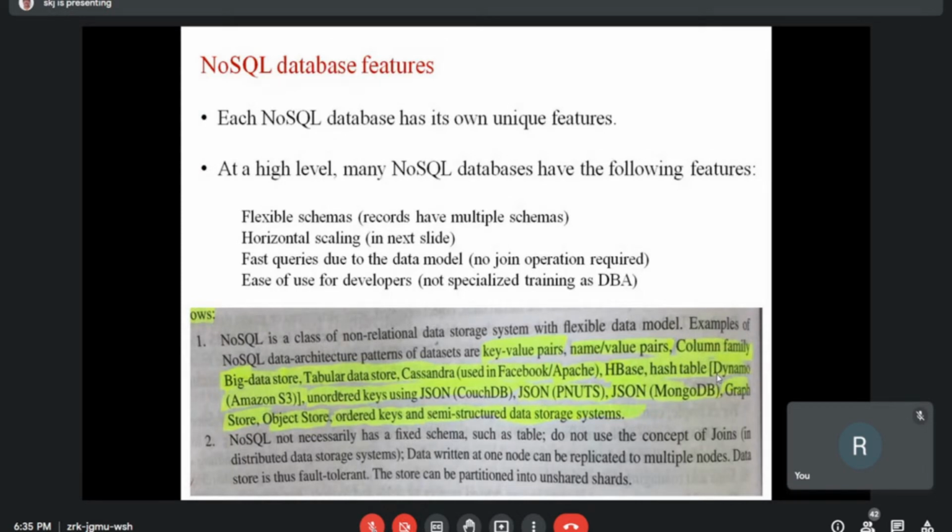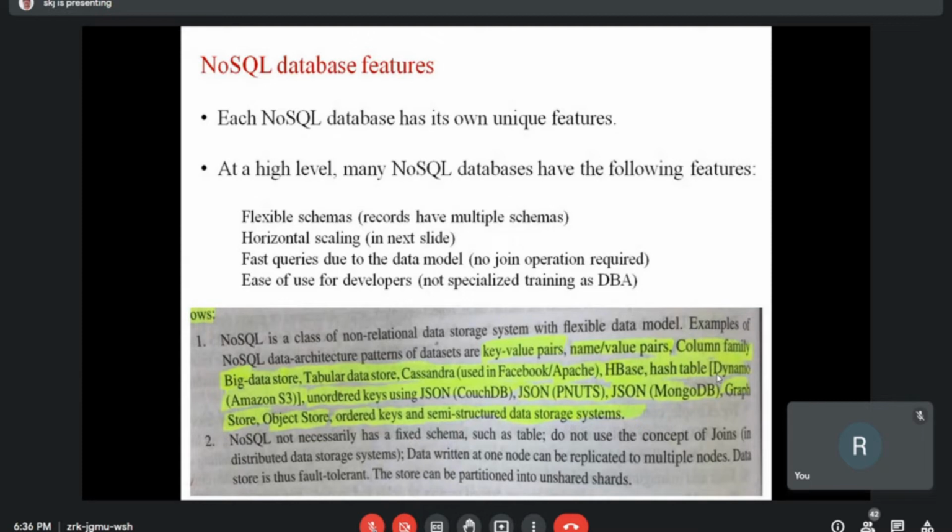But if we try to grasp common features among all the categories, then you will find flexible schema, horizontal scaling, fast queries due to the data model, and ease of use for the developer.